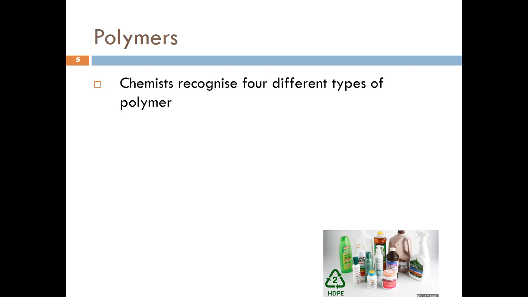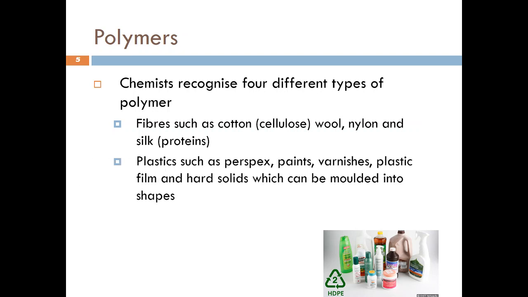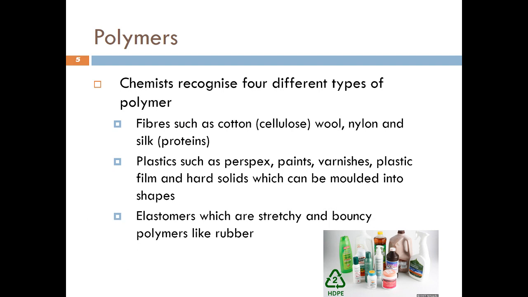Okay. There are mainly 4 types of polymers though. Firstly, fibers such as cotton, which is cellulose, wool, nylon, and silk, which is protein-based. Plastics such as plastic bags, paints, Danish shoes, the plastic film and hard solid, which can be molded into shapes, so plastics.